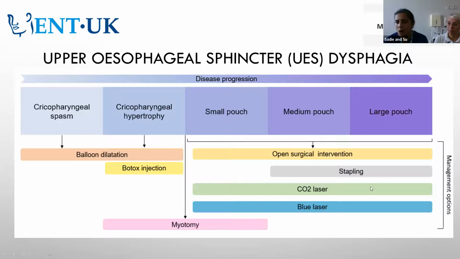You might do a combination. So I would generally do, for medium to large, a stapling with a laser. My preference now is a blue laser, and I've moved on to that because the blue laser is available on a flexible fiber, and it allows me just much more access and ability to take that pharyngeal bar down as far as I'm comfortable.